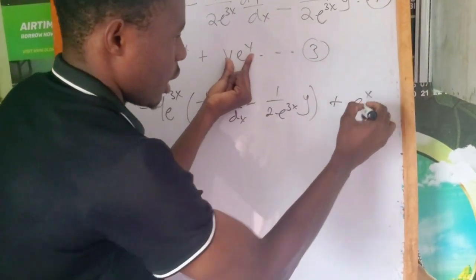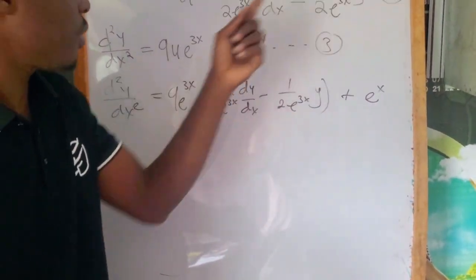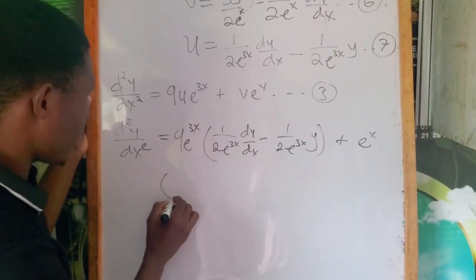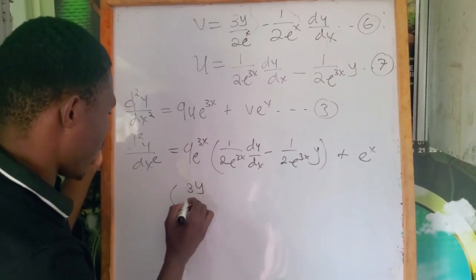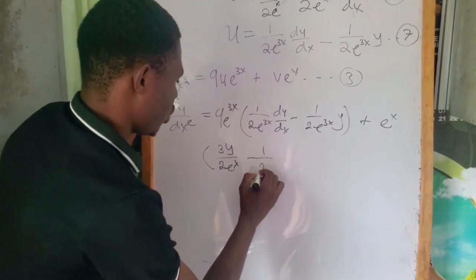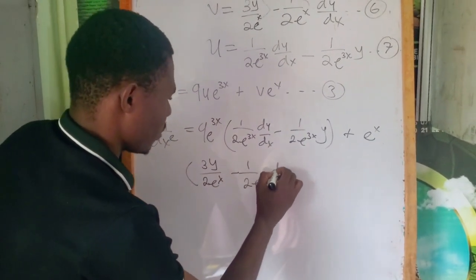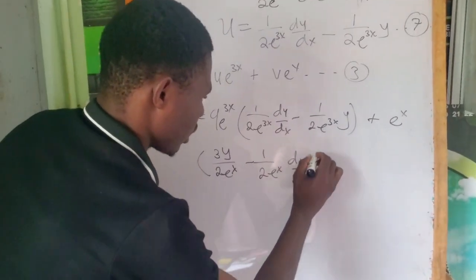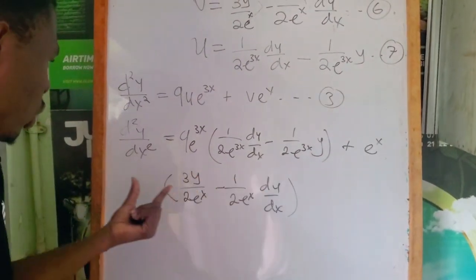Now this is e to the x into v, but this is our v. So that will be this into 3y divided by 2e to the x minus 1 all over 2e to the x times dy dx.